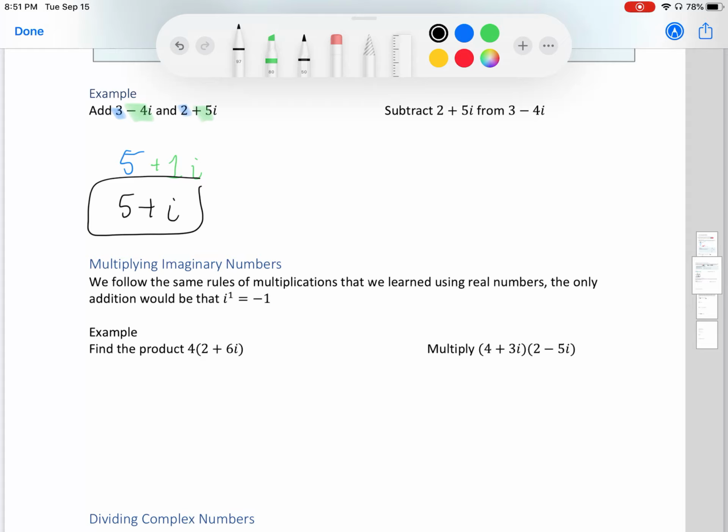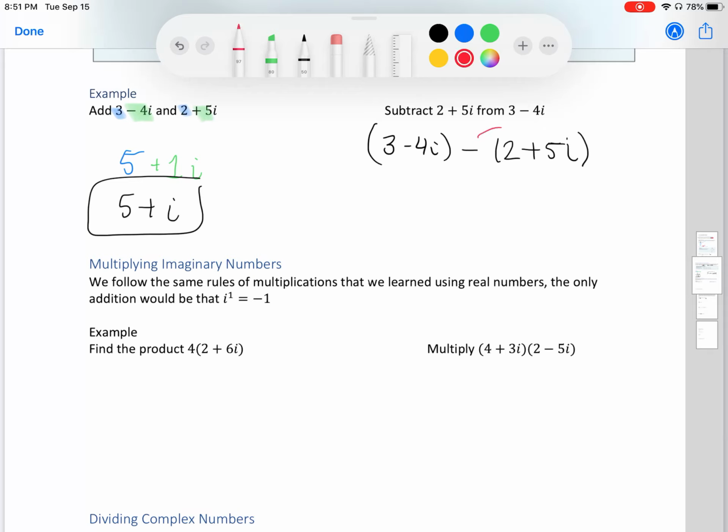Let's do the next example. Subtract 2 plus 5i from 3 minus 4i. Okay, so let's go ahead and work this out.